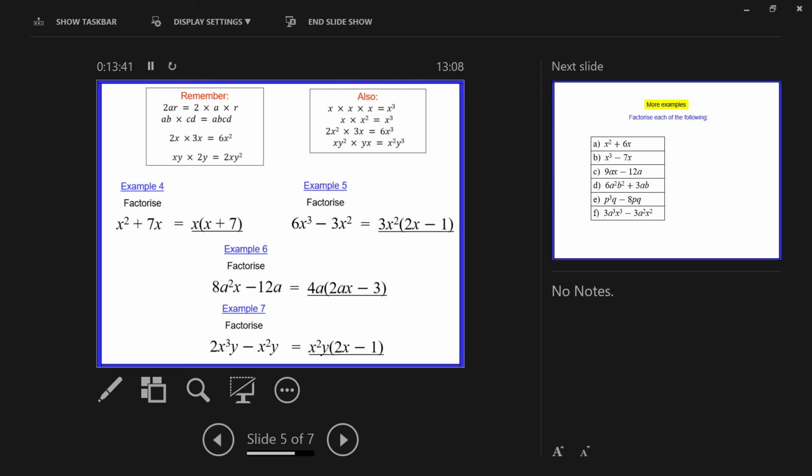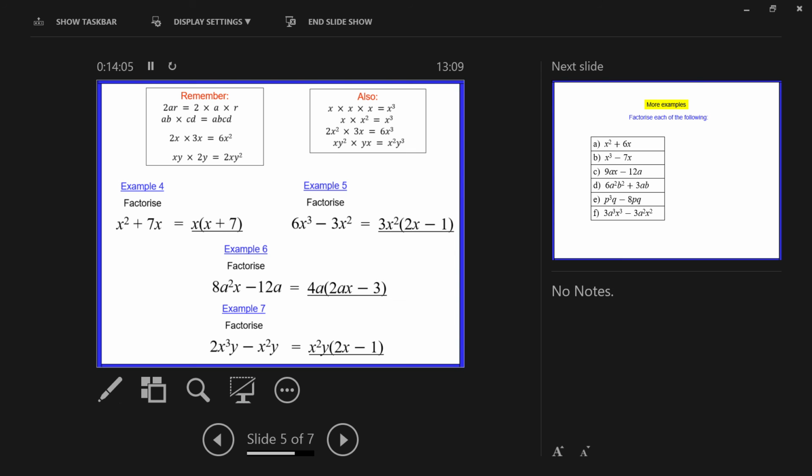So it helps if you put it over your common factor at the beginning, because then it's easier to see. This x will cancel out with one of them, so now you can see only x is left. And this x cancels out with that one, so can you see plus 7? I know it is a bit confusing.